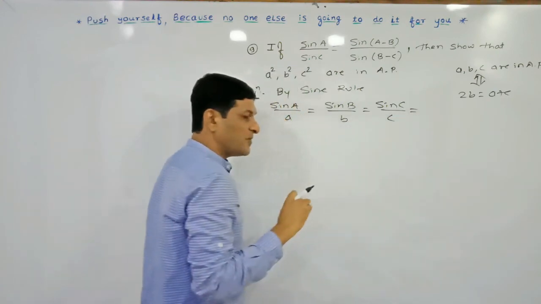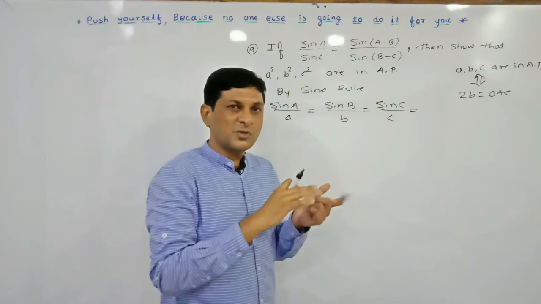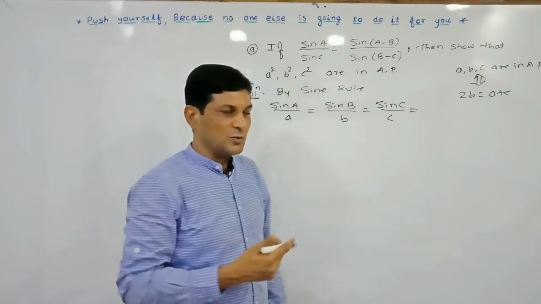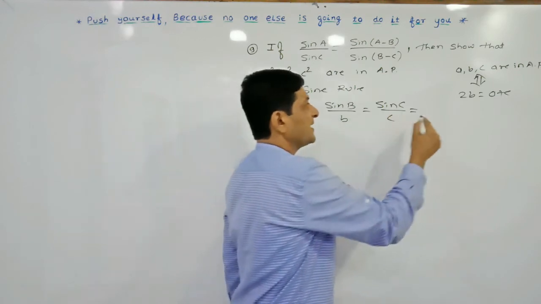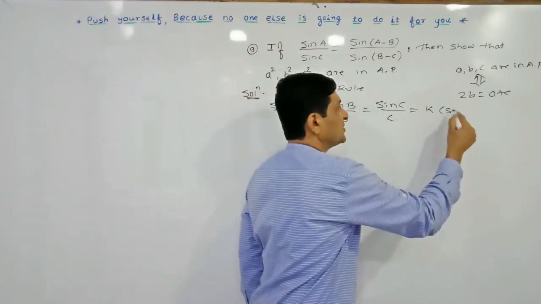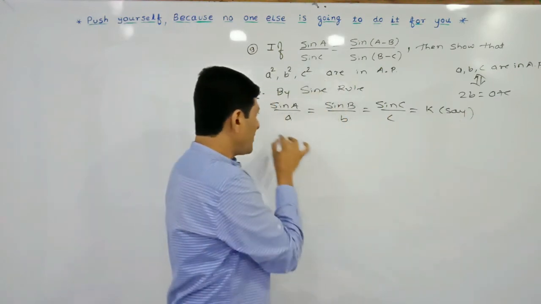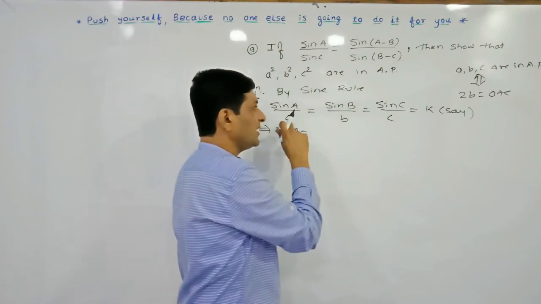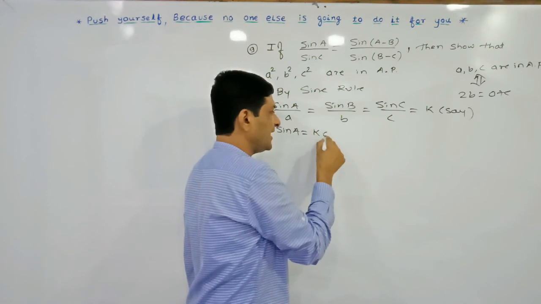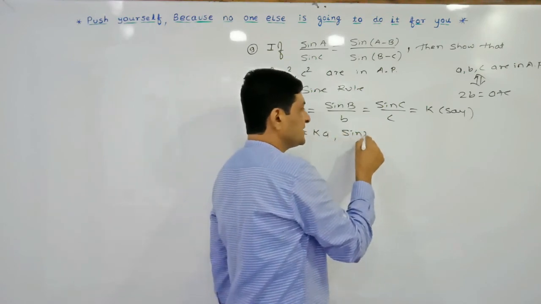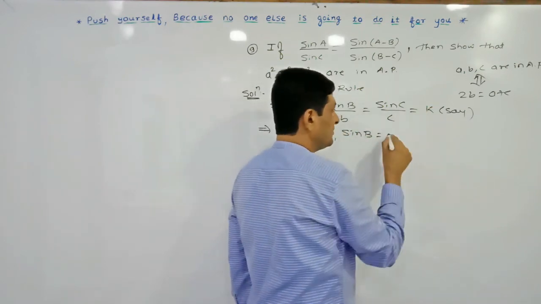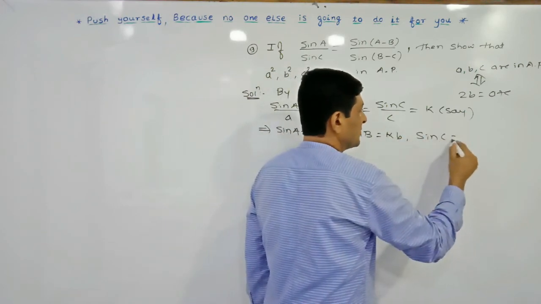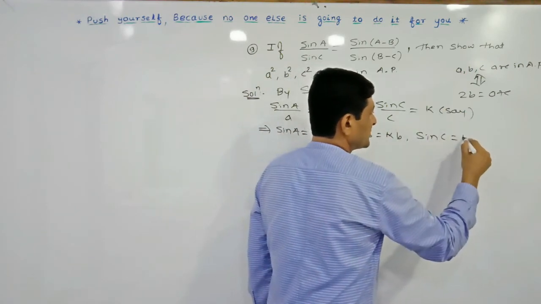Let us denote this ratio by k. From this we can say that sin A equals a into k, that is ka, sin B equals kb, and sin C equals kc.